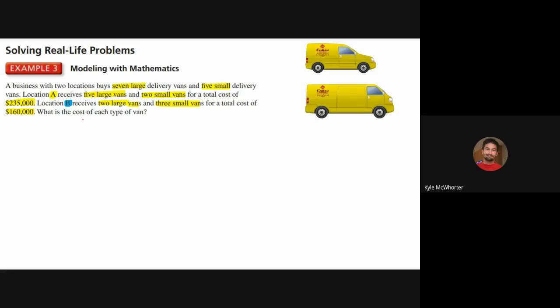So I'm going to do B for big and S for small. So B equals the cost of a big van, and S will be the cost of a small van.